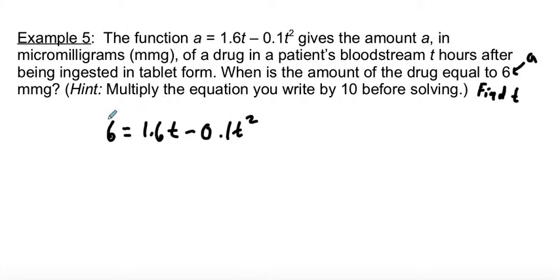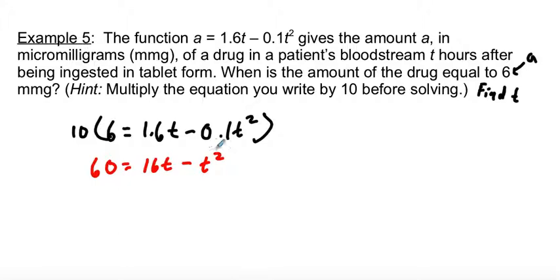It says to multiply this whole equation through by 10 first. So doing so, 10 times 6 is 60. 10 times 1.6t is 16t. And 10 times 0.1t squared is 1t squared, or just t squared.